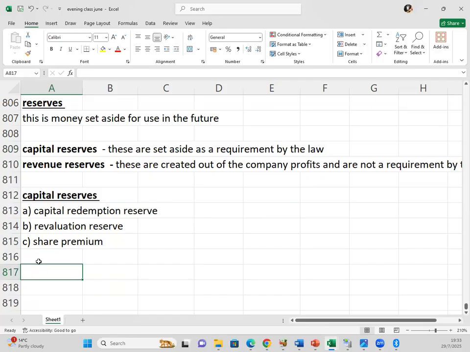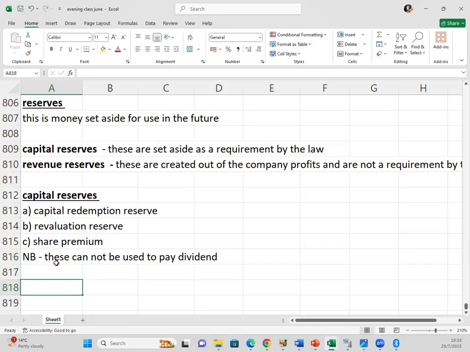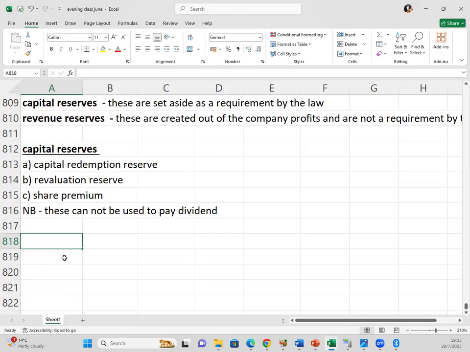Then the bottom line is the capital reserves cannot be used to pay dividends. So if we don't have money as cash, and we can't take money from the capital reserves to pay dividends, then we have the revenue reserves.